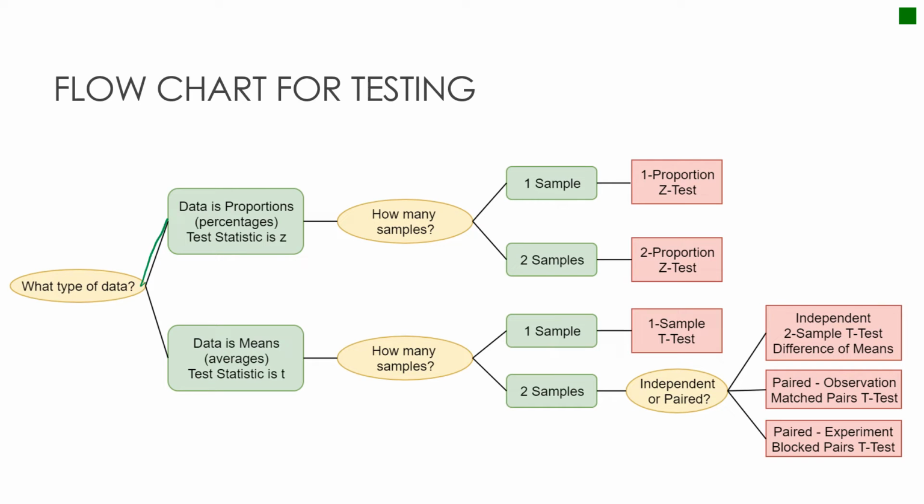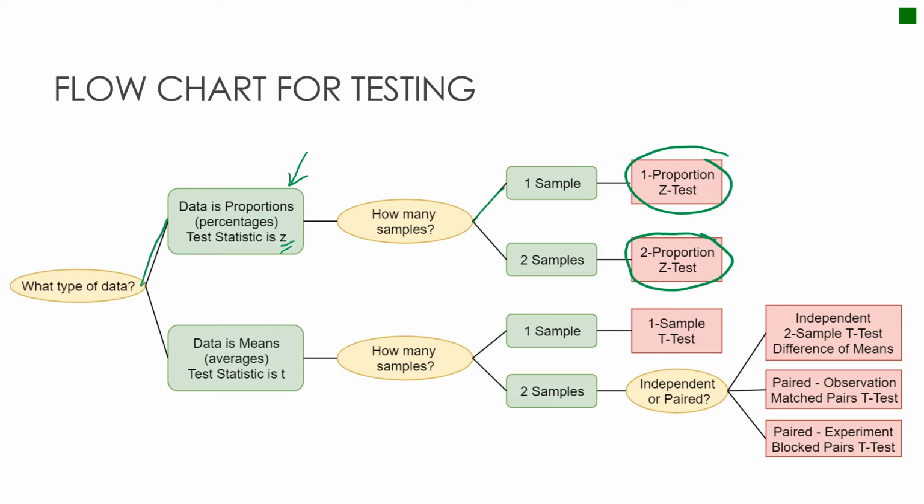If we have proportions, then we know we're dealing with a z statistic, and it's a percentage. Then I ask how many samples. If it's one sample, we'll do a one proportion z-test, which we already know how to do. If you have two samples, which we'll learn in a little bit, it's called a two proportion z-test. It's pretty straightforward. There's nothing tricky there, and there's no other question to ask about whether data is independent or paired.